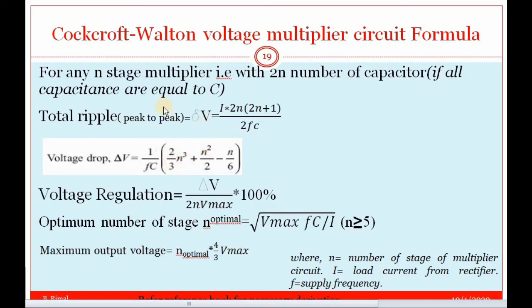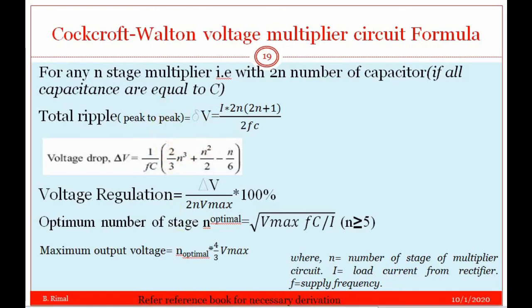If you wish to see the derivation, you can see the reference books if necessary. For numerical, these values might be helpful for you to solve the numerical questions related to n-stage Cockcroft-Walton voltage multiplier circuit. We have to use this formula. If you wish to see the detailed derivation, please refer the reference book that I will show you at last.